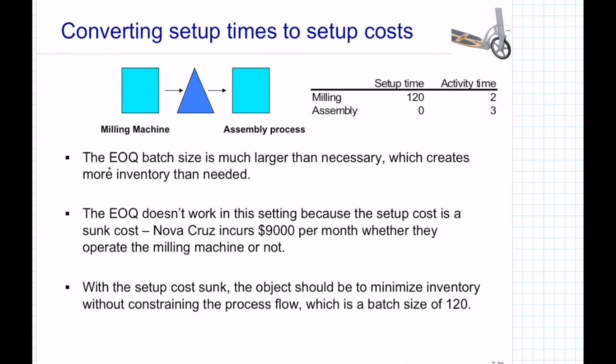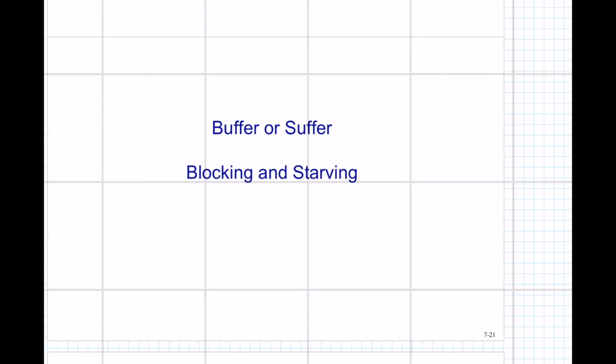We can see that the EOQ batch size is much larger than necessary, and this is going to create more inventory than what is needed. So EOQ doesn't work in this setting because the setup cost, which was $9,000 per month, is a sunk cost. With the setup cost sunk, the objective should be to minimize inventory without constraining the process flow. And in this case, the right batch size should be 120.